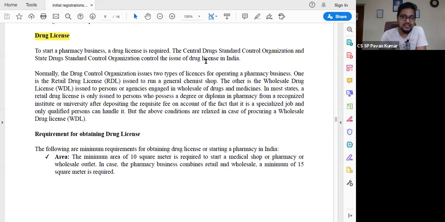The Central Drugs Standard Control Organization and the State Drug Standard Control Organization issue the drug license in India. When I'm operating at a very small level within the state, the State Drug Standard Control Organization has the authority to give me the license. However, when I'm going to do it on a pan-India basis, it will be the Central Drug Standard Control Organization.